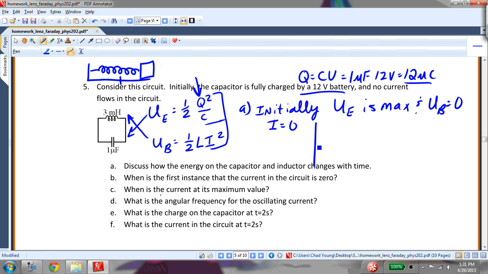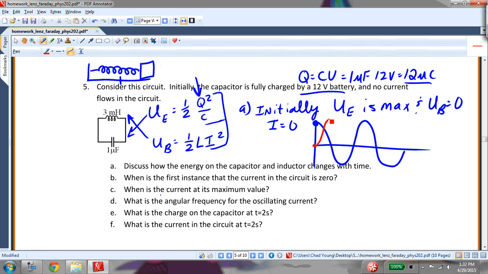So if I were to plot these, I'm going to plot UE in blue, and UE initially is at maximum, and it's going to decrease and then go like this. All right, and now if I plot UB, it's going to initially be 0, and let's see how it'll go.